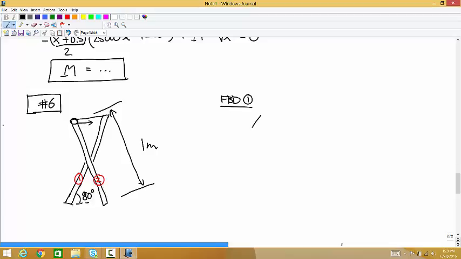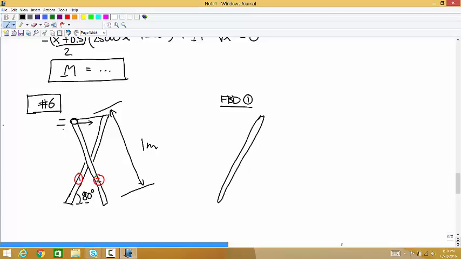Okay, so member 1. So I wonder, does the pulley come into it?